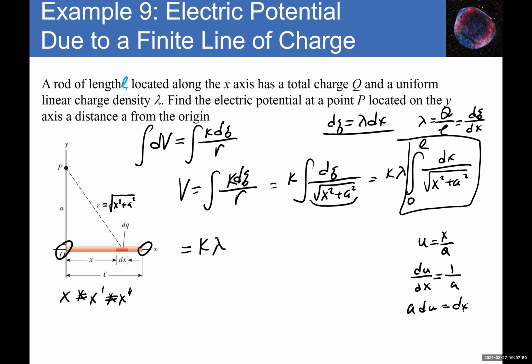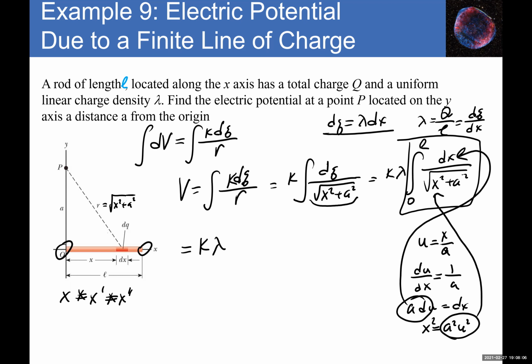Then we make a substitution where we substitute x, or x squared equals a squared u squared. Taking this, substituting for x, and that, substituting for dx, we end up with an equation in terms of du: 1 over square root of u squared plus 1.